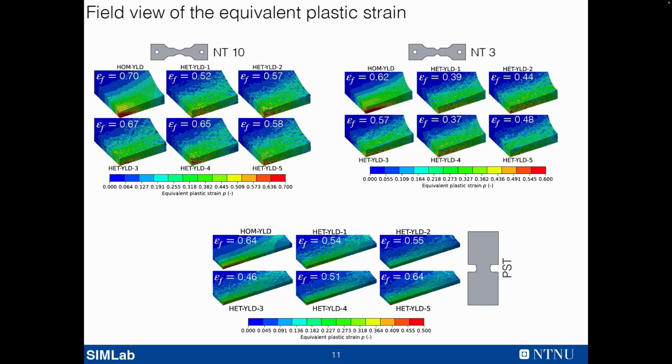And what we also see, maybe a bit tough to see from here, is that in the homogeneous yielding model, we get a more pronounced strain localization. So even though it's a very smooth, homogeneous model, the strains tend to localize more strongly than when we have this heterogeneous distribution of weights.